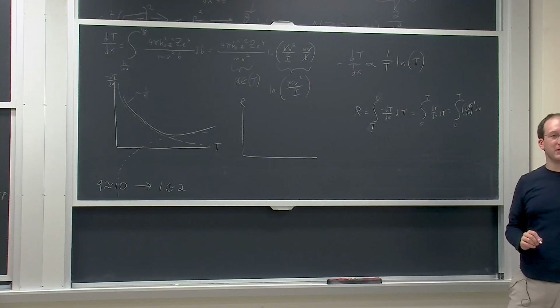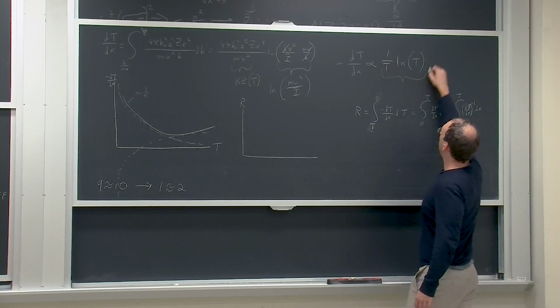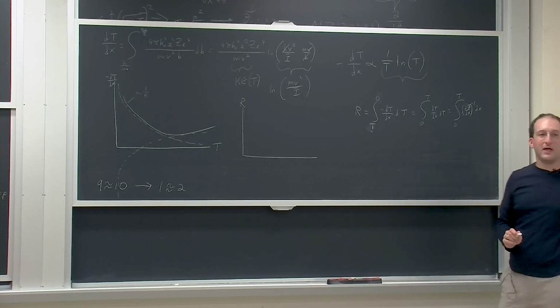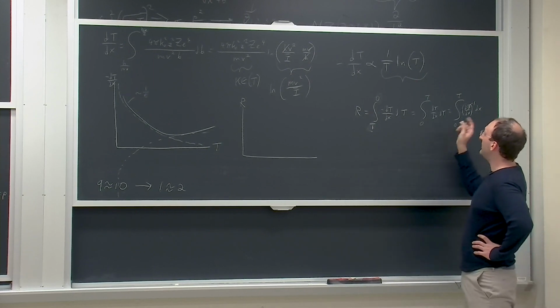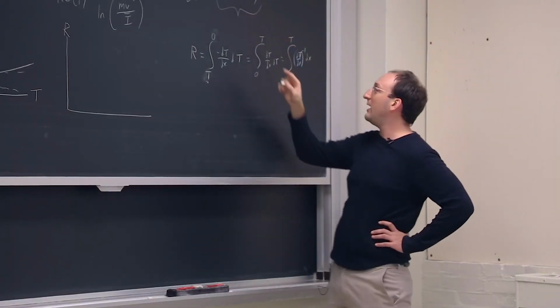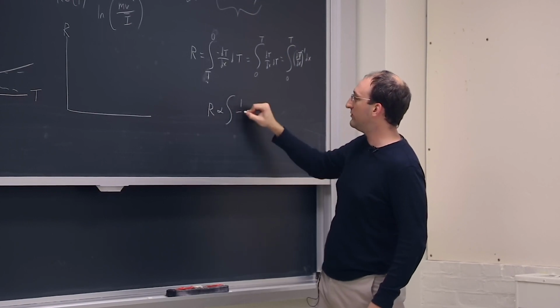Much simpler expression. And when you forget all the crazy constants and you just take this form as the variable part of the expression for stopping power, unless your energy is really high and this natural log counts at all, your range scales like the integral of just 1 over T.